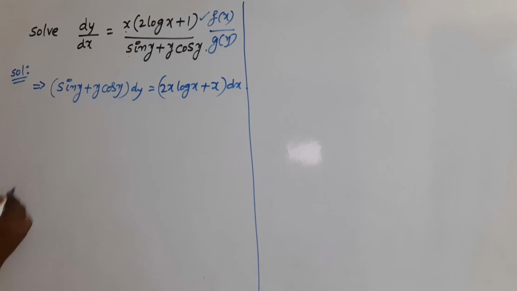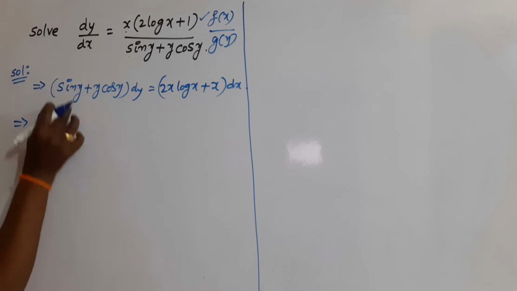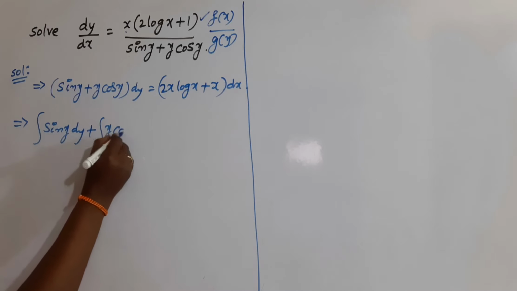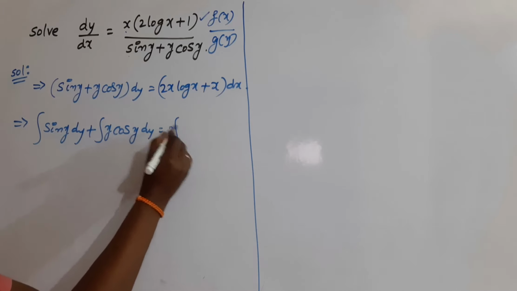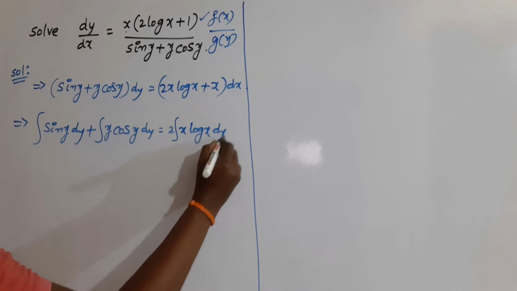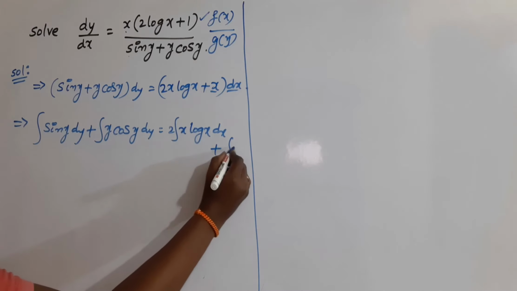Now take integration on both sides. So you will get integration of sin y, separating the terms, plus integration of y cos y into dy is equal to 2 is the constant term, so right outside of the integration, x into log x dx plus integration of x dx.